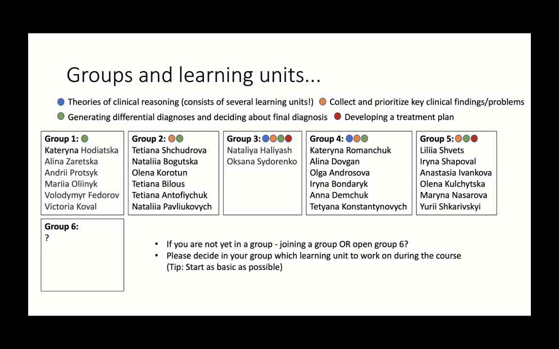Also because during the synchronous meeting on July 6th, if we have to cover several learning units by each group, it will take too long. So one learning unit per group would be perfect. Maybe the one you are most advanced with, or where you see that you have problems.